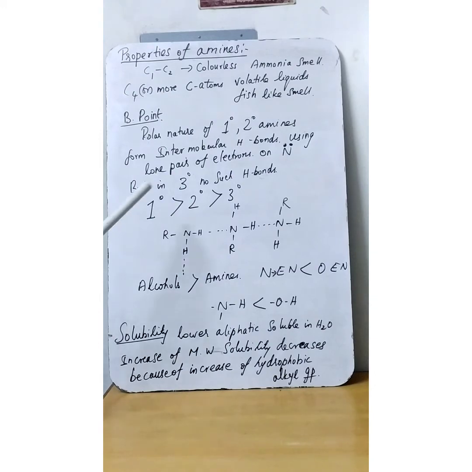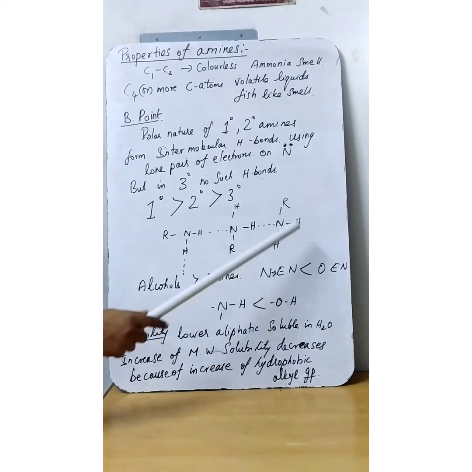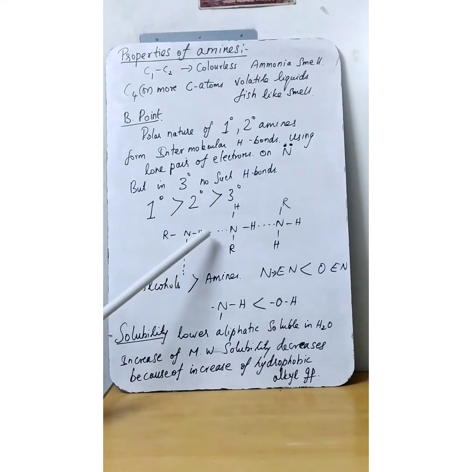But a tertiary amine cannot form such hydrogen bonds. So among primary, secondary and tertiary amines, the boiling point of primary amines is more than that of secondary amines, which is more than that of tertiary amines.